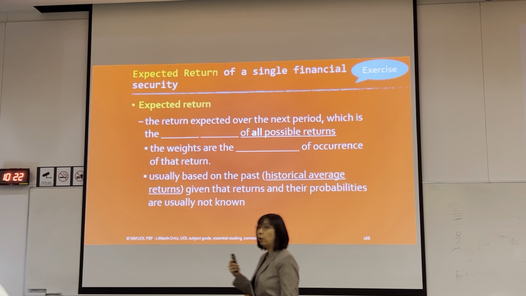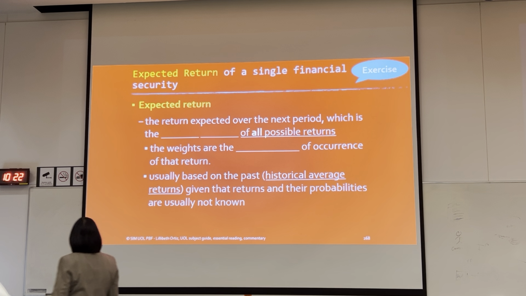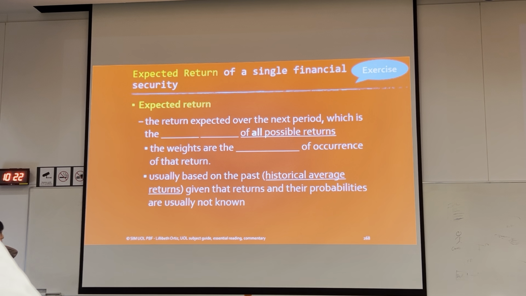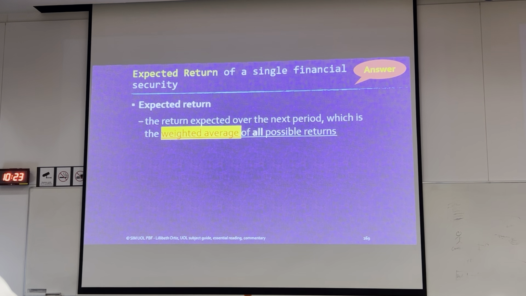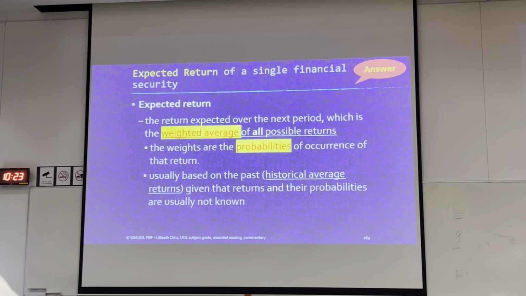Now, let's look at expected return, right? So expected return on a single financial security is simply basically something like the average or the weighted average of all its possible returns, right? So in the future, you don't know for sure because of risk what the return will be.